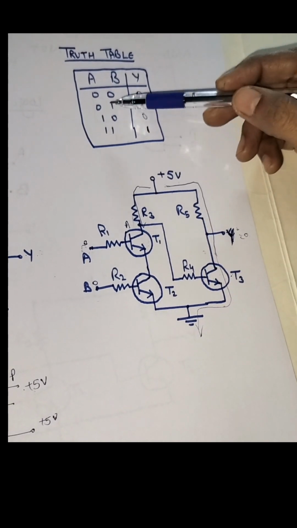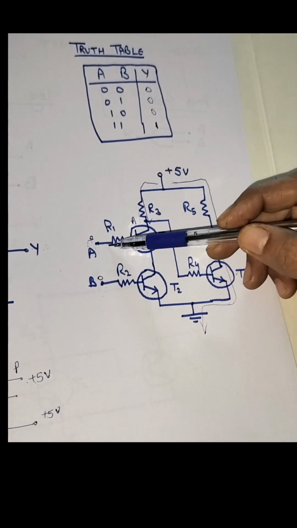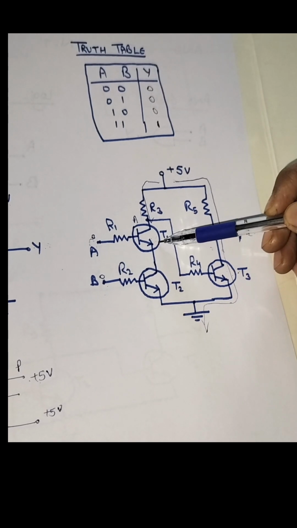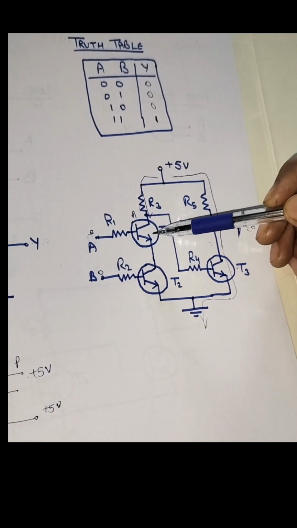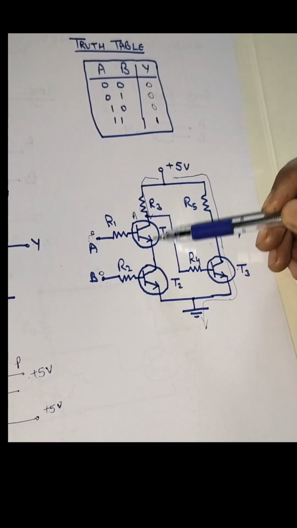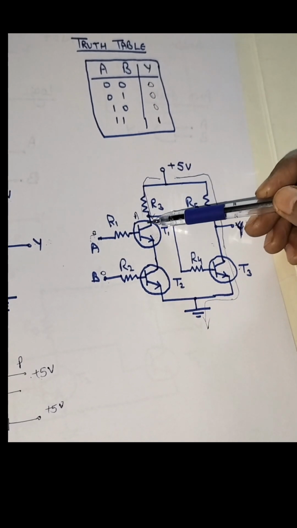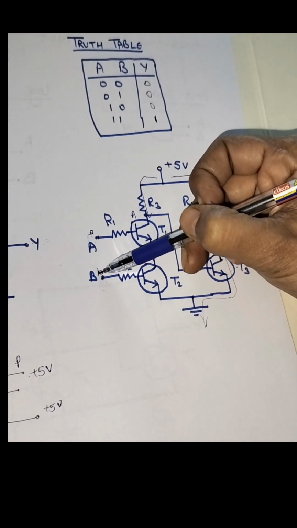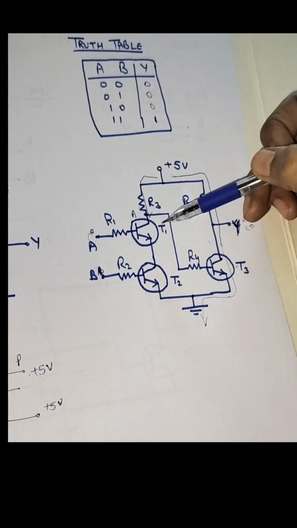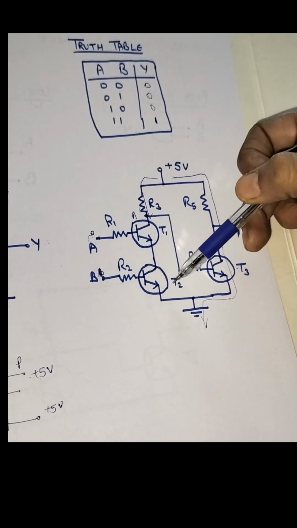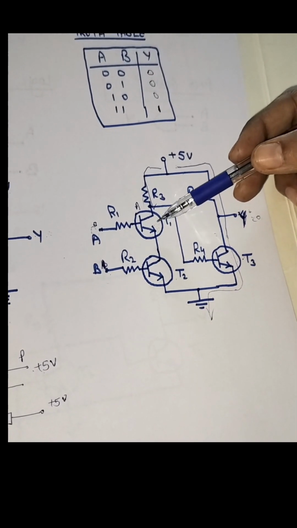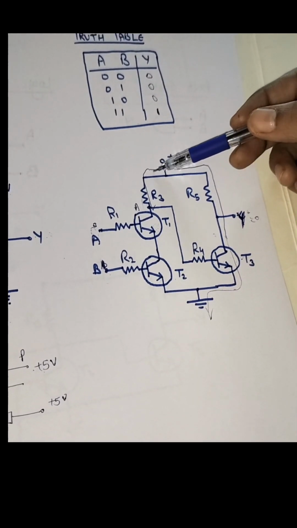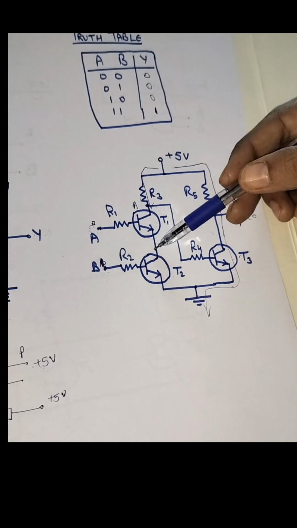Now if any of the input is 0 here also, that transistor will remain in cutoff. Okay, and if a transistor is in cutoff, it will not conduct. It will not allow the current to pass through it. Suppose here we have 0 and here we have 1. Now this transistor is off, but this transistor is on. Okay, but as this transistor is off, it is in cutoff, it will not allow the current to pass through it.